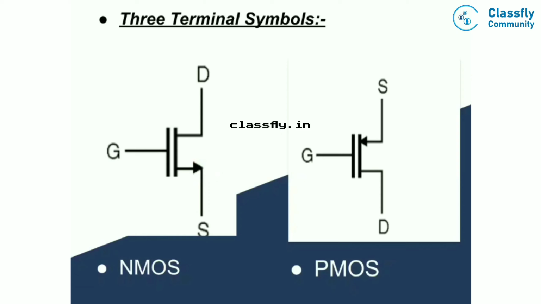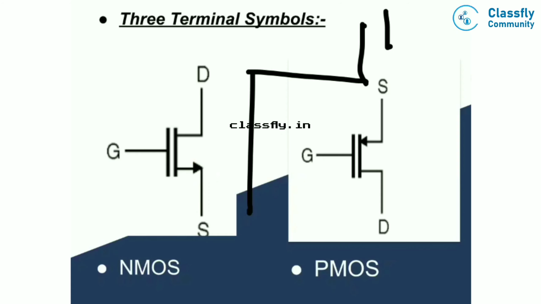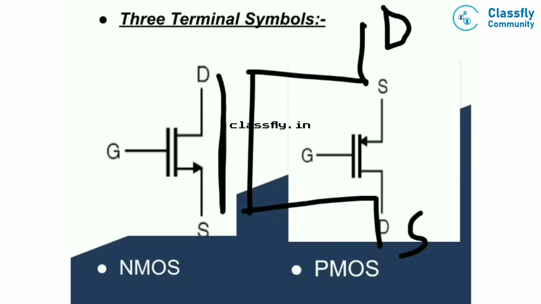So here you can make the N channel like this. First draw a line, then this will be a D. This is your source. There will be another line and this is your gate, right?